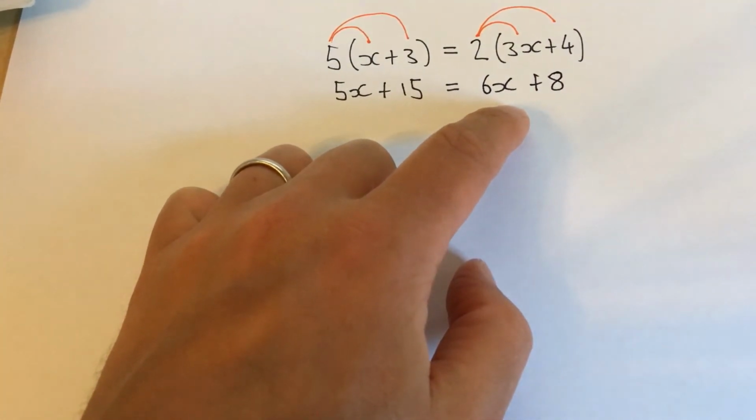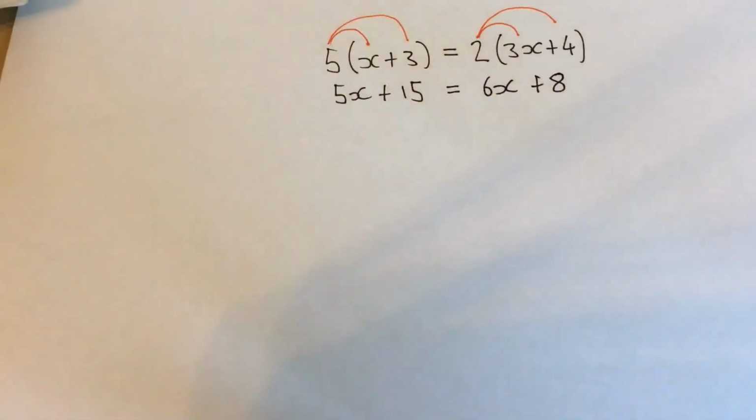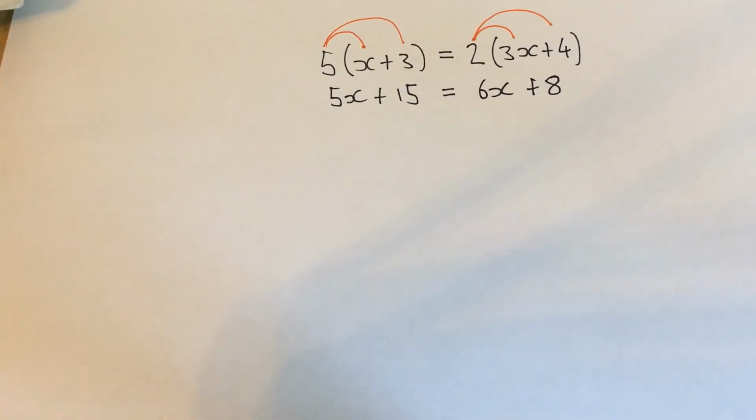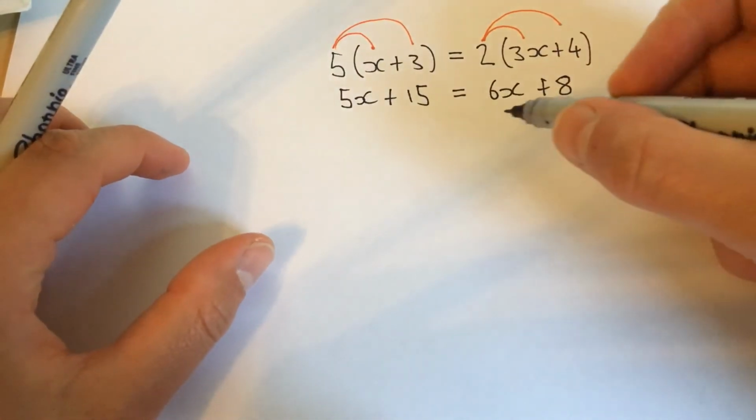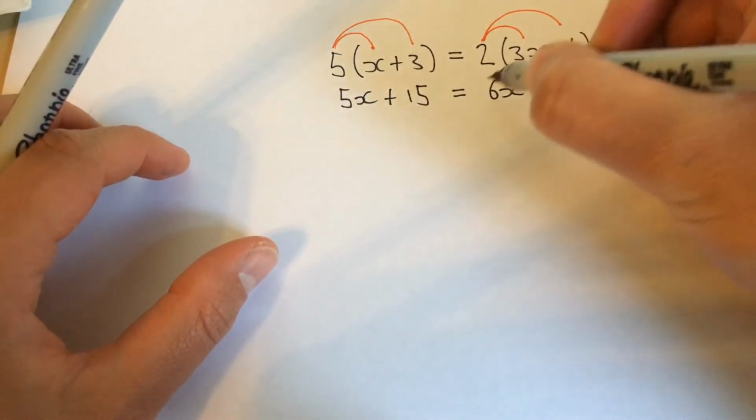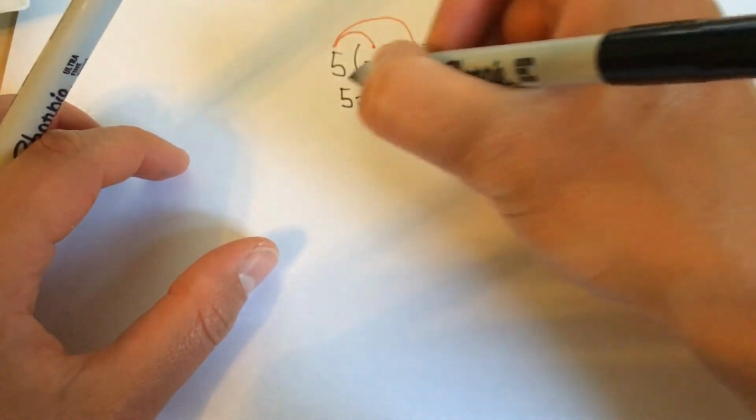Now that I've done that, I can solve this equation using a familiar method. Right, what shall I do here then? Well, I have 6 x's on this side and 5 x's on this side.